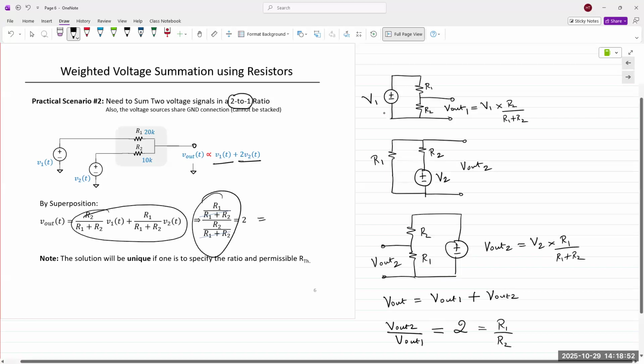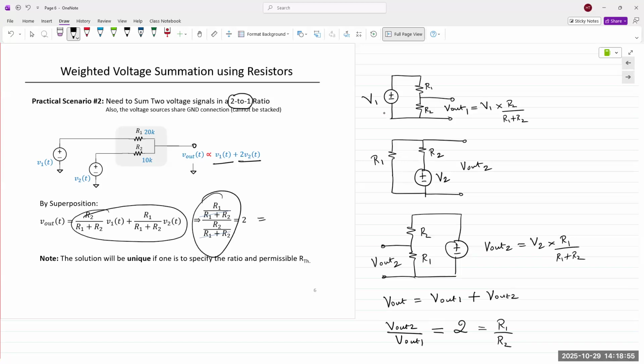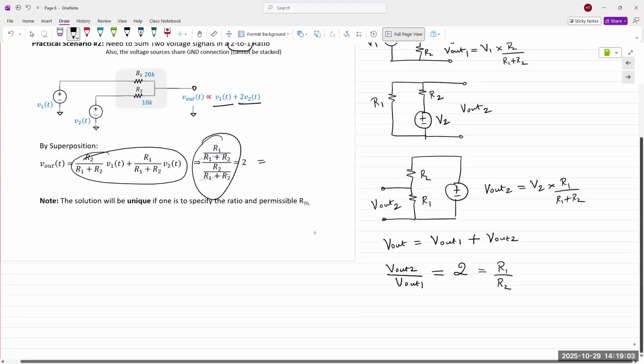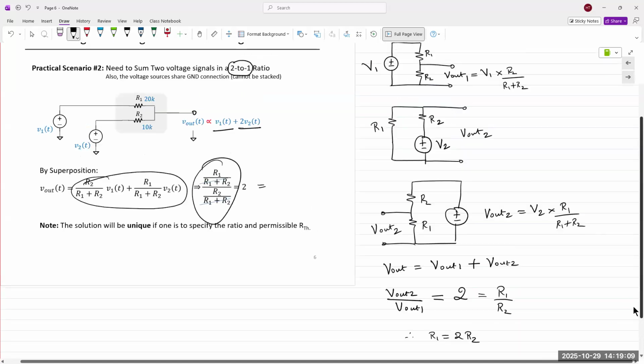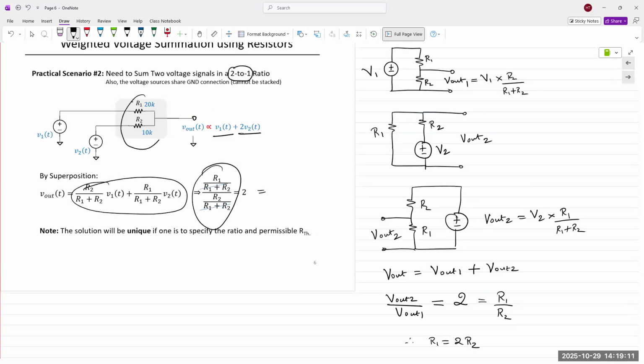That means R1 must be twice R2. So no matter what value we choose for R2, R1 must be 2 times or double the value of R2.